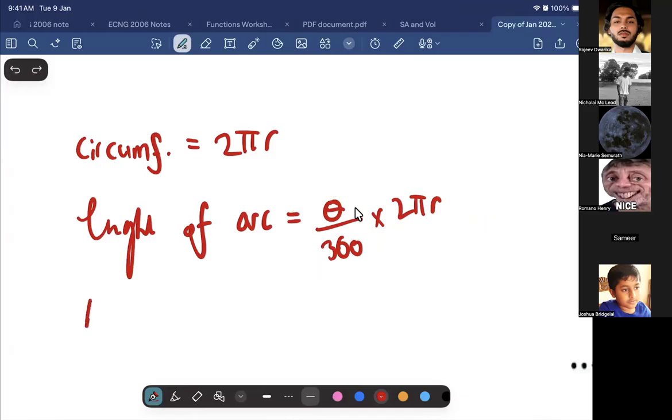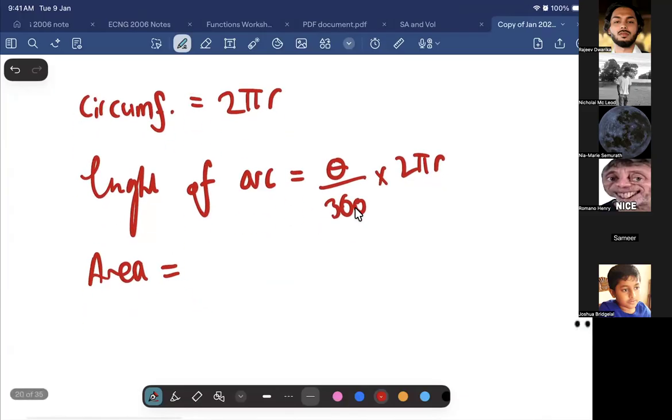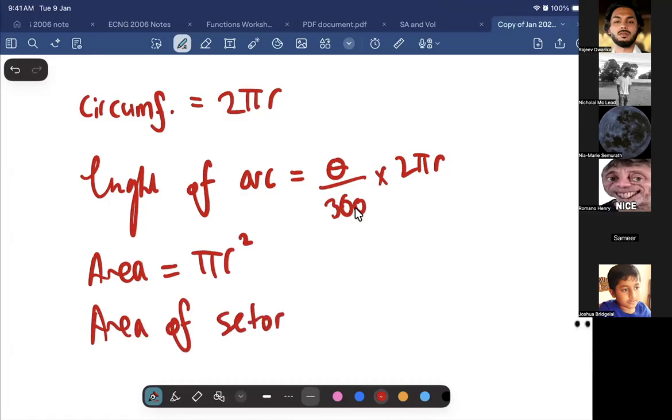What is the area of a circle? Pi r squared. So if the area of a circle is pi r squared, what would the area of the sector be?